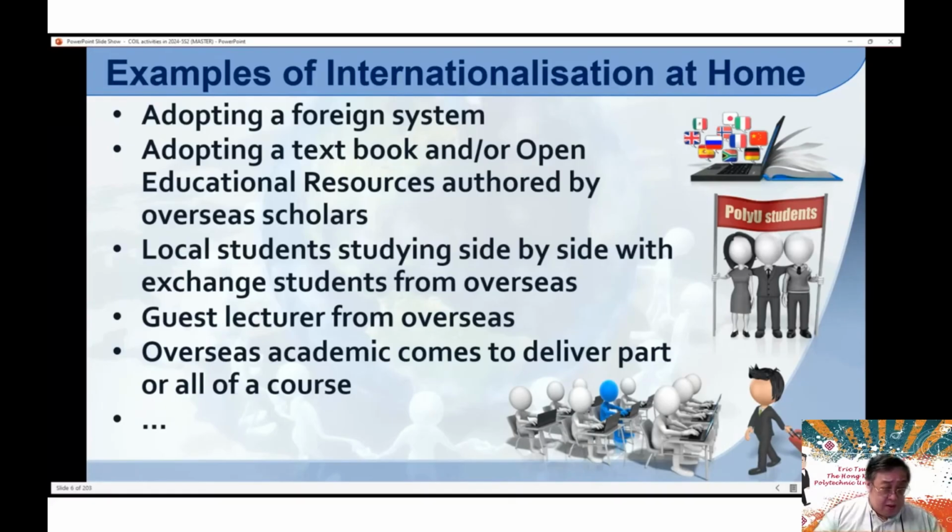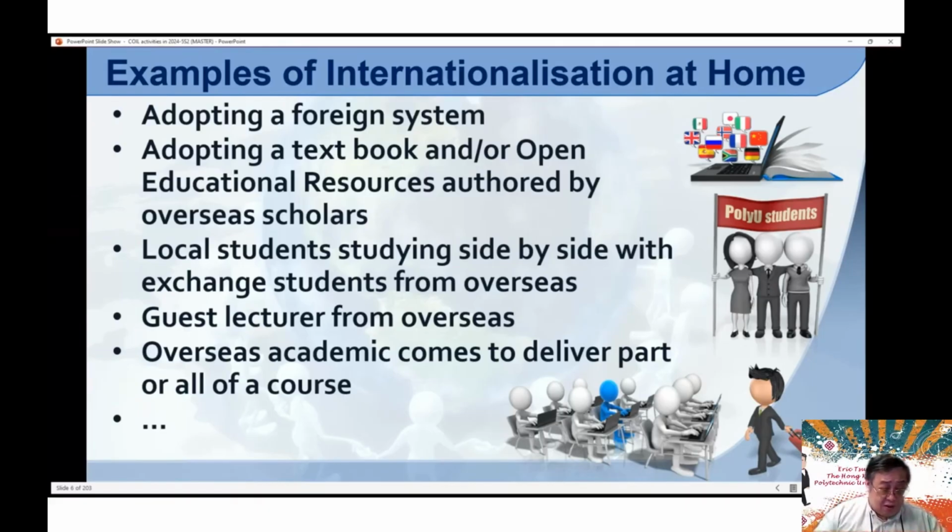You may be having your local students studying alongside other international students who come to your country, come to your university to study together. So you're almost like importing foreign students into your classroom, right?